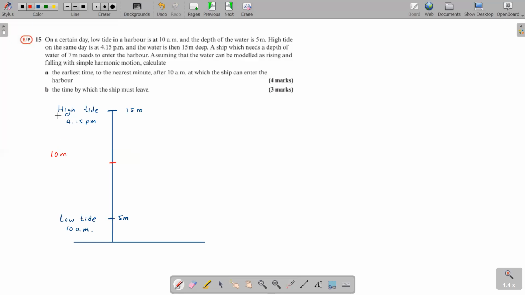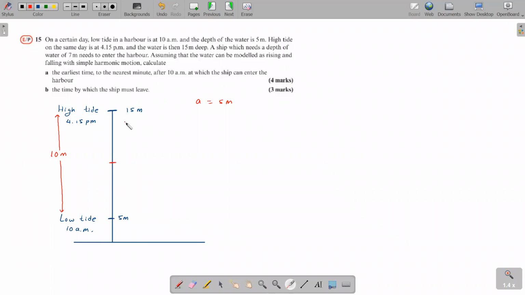The height difference is 10 meters, and the amplitude will be 5 meters. Okay, so the amplitude is 5 meters.